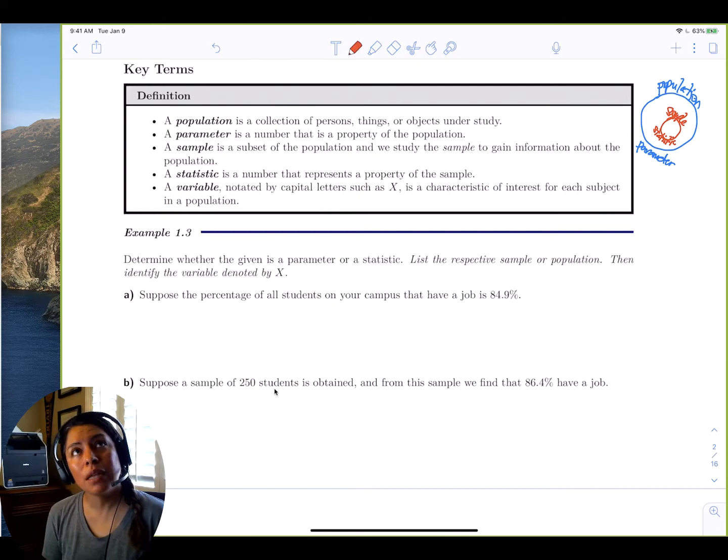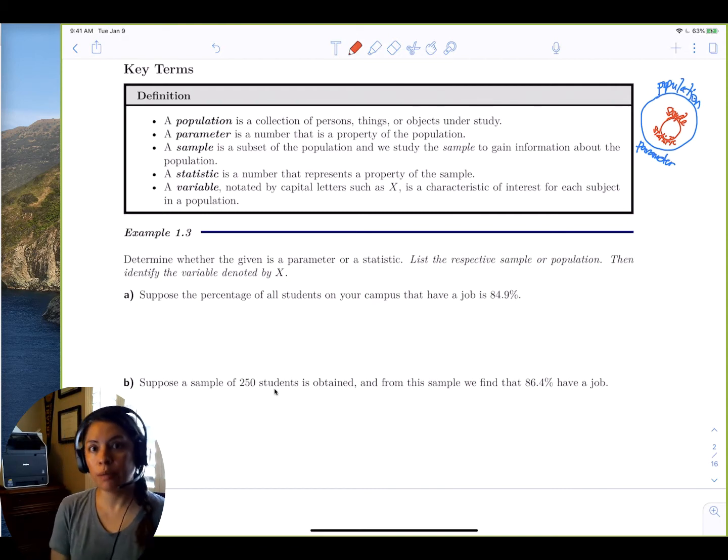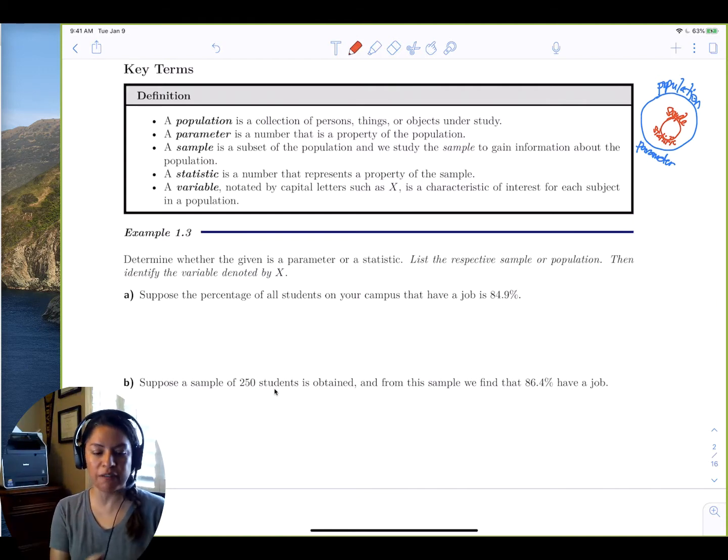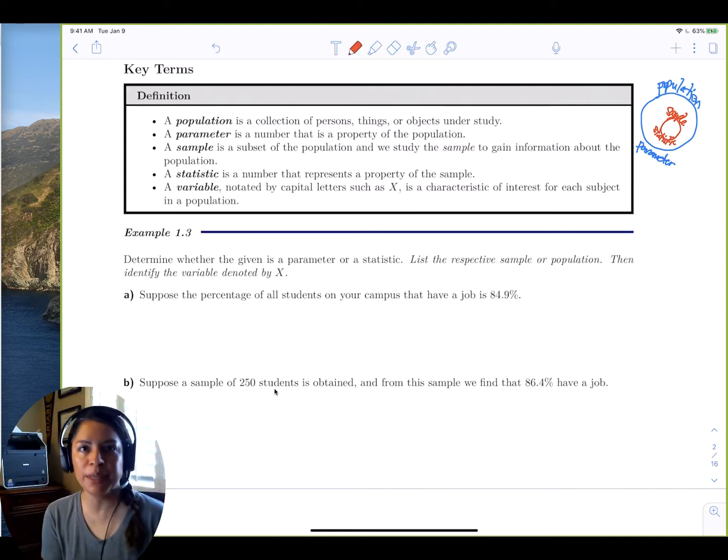Most likely in your lifetime, you'll never survey a population unless you're very specific about your study. Like the average number of hours a student sleeps in my professor's statistics and probability class in fall of 2019. It has to be really specific. And then, yes, it would have been a population, right?